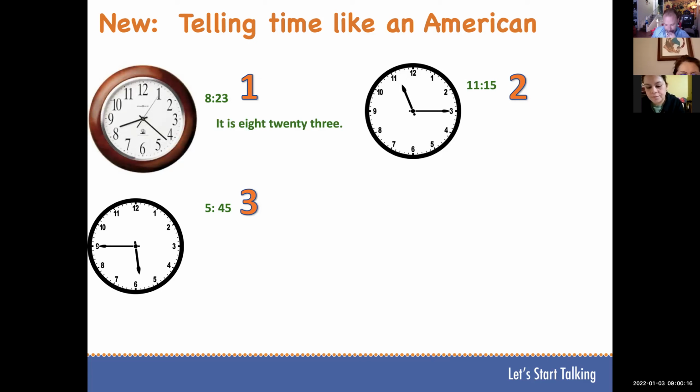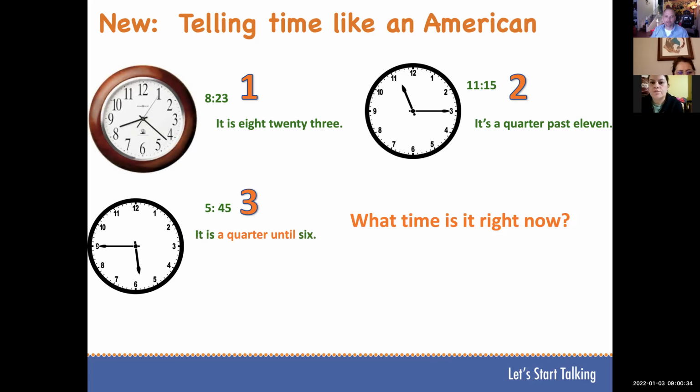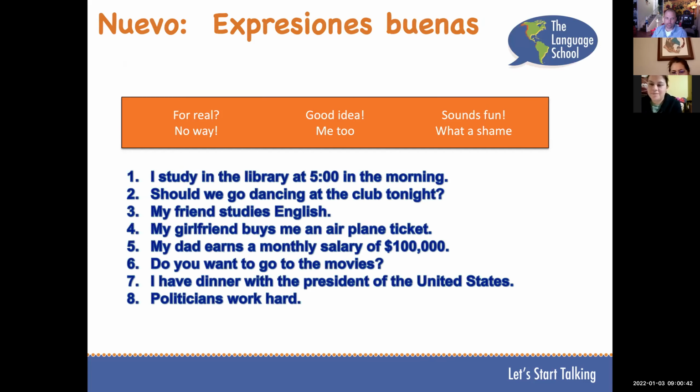What time is it? It's a quarter past 11. What time is it? It's a quarter until 6. Very good. Okay, what time is it right now? It's 9 o'clock. Okay, good.